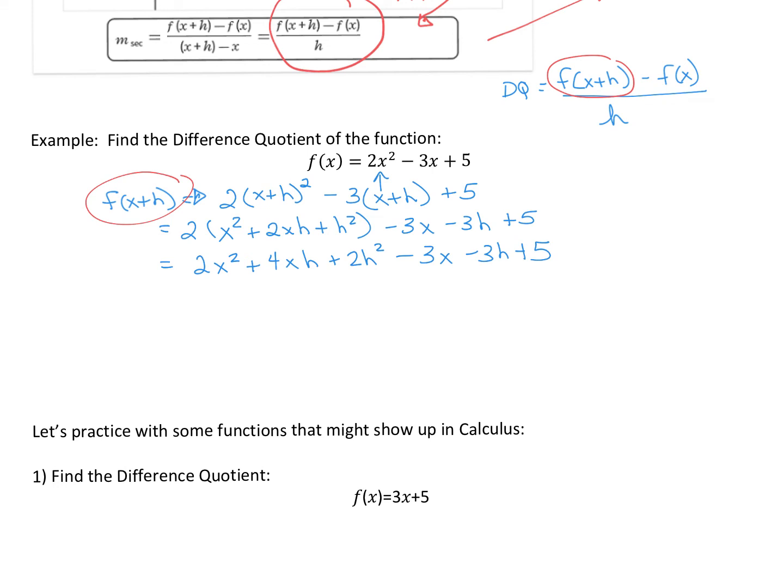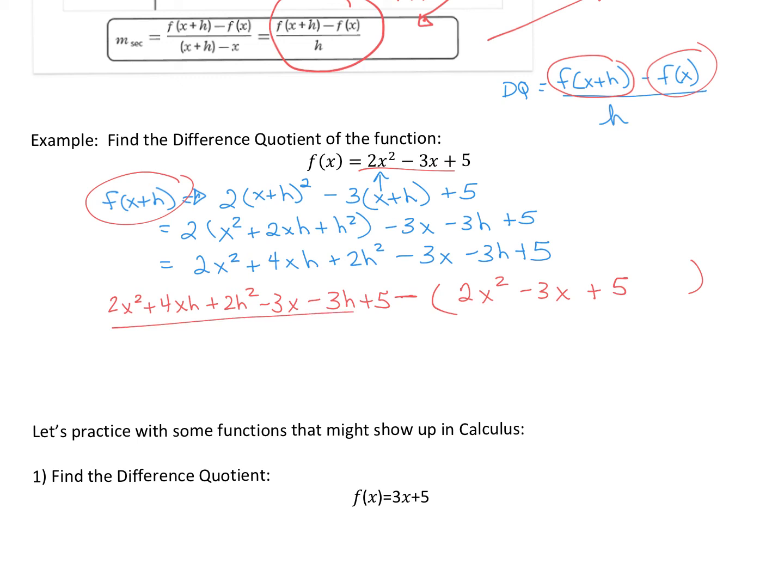Now, let's put it all together. f of x plus h would be this long thing, 2x squared plus 4xh plus 2h squared minus 3x minus 3h plus 5, minus our f of x, which was given to us, 2x squared minus 3x plus 5, all divided by h.